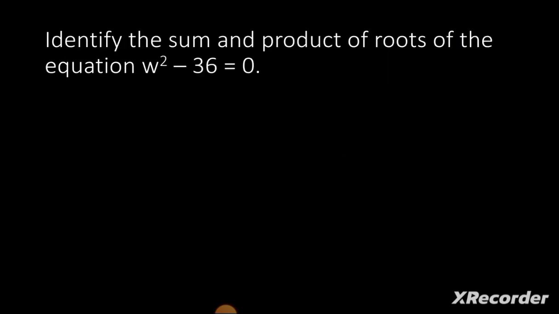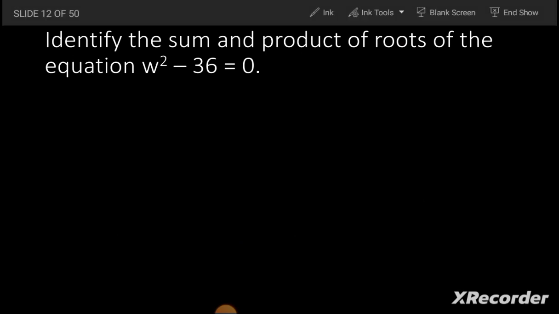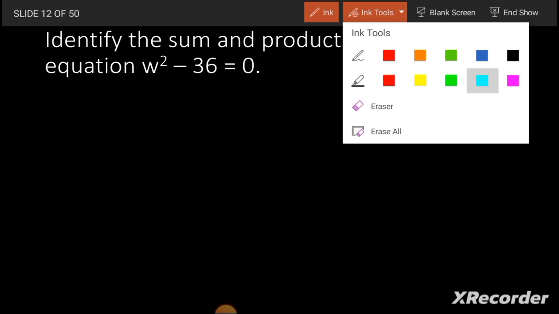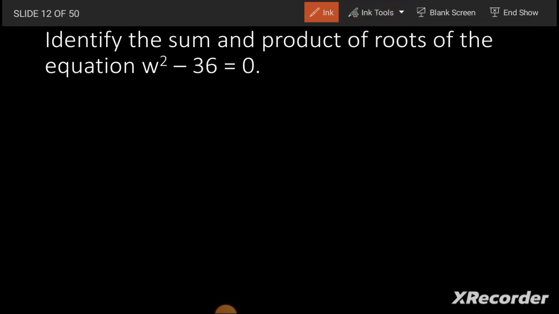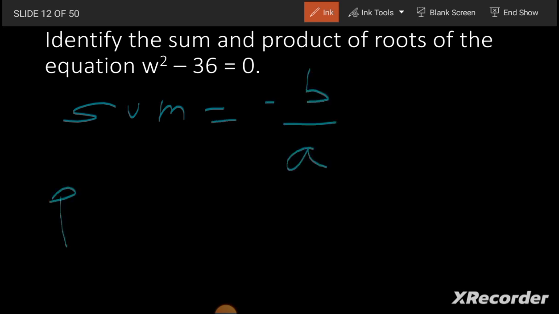Okay, next. Identify the sum and product of the roots of the equation w squared minus 36. Again, gamitin natin yung formula na ang sum ng roots ay negative b over a at ang product naman ng roots ay c over a.